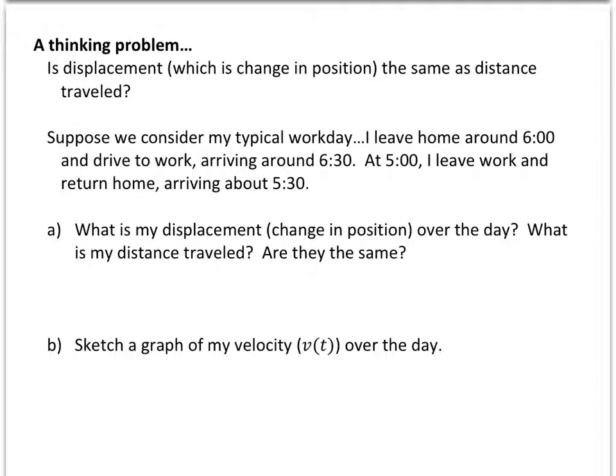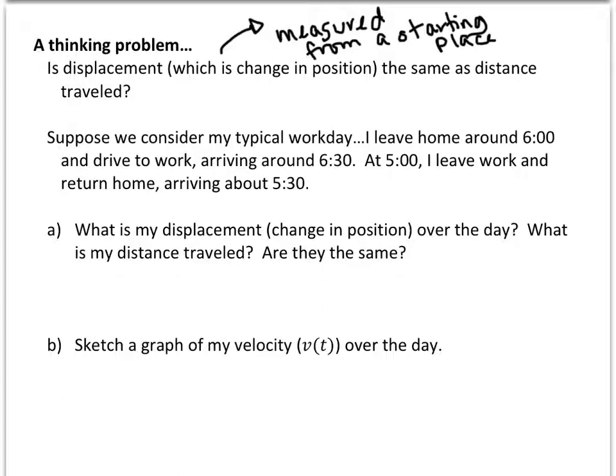Displacement is measured relative to a starting place. I think that's important to remember, that we always measure our displacement from some known point. Distance traveled is not necessarily, but let's think through this problem.